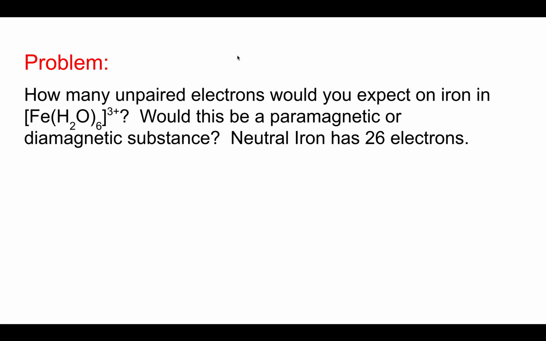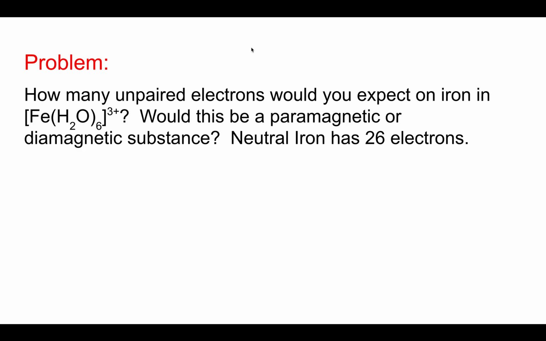Okay, so first we write out neutral iron with 26 electrons. Then we remember that water is neutral. Since water is a neutral ligand, the iron is going to be Fe3+. So we have to ionize iron 3 times.